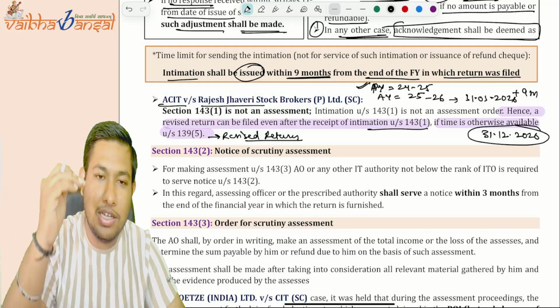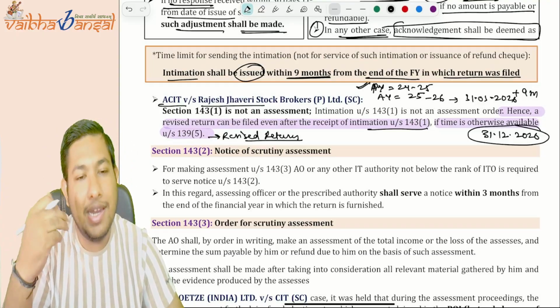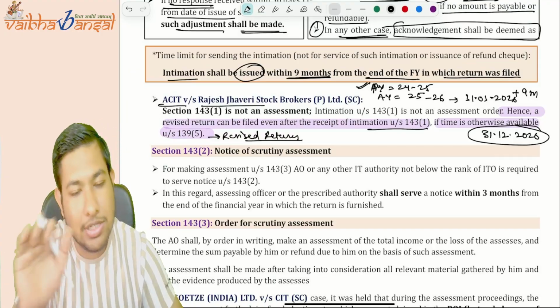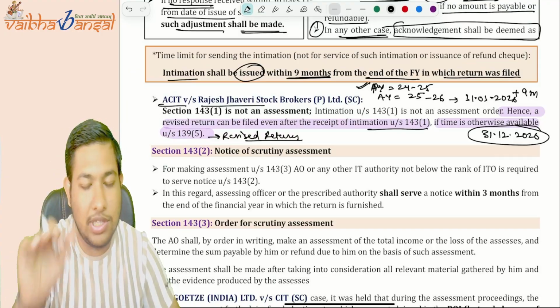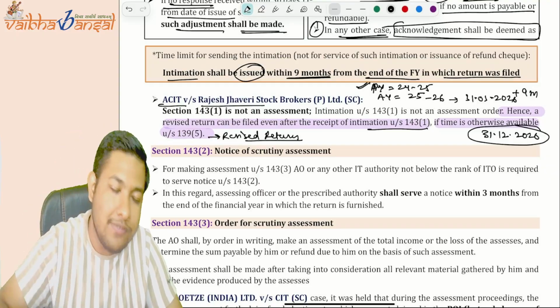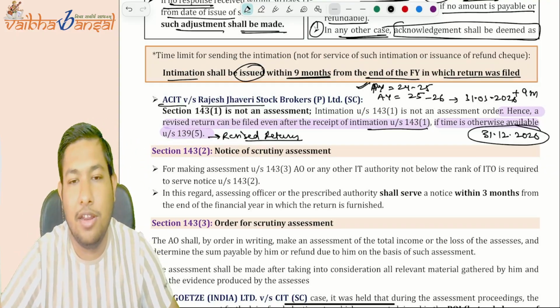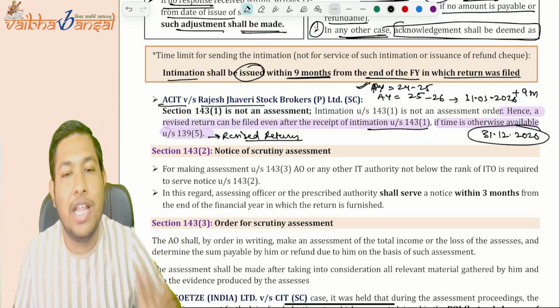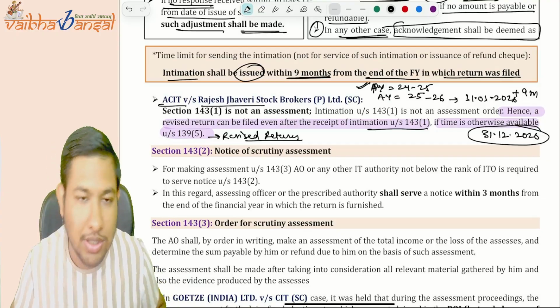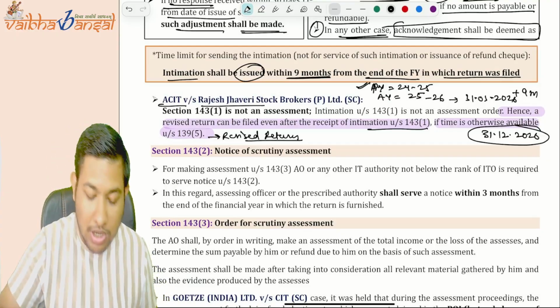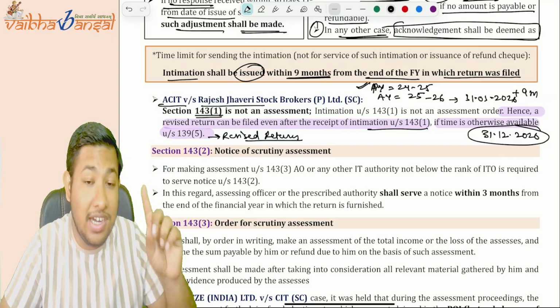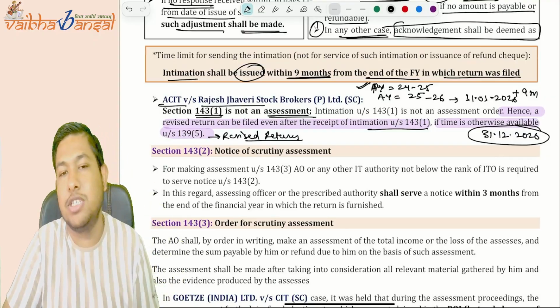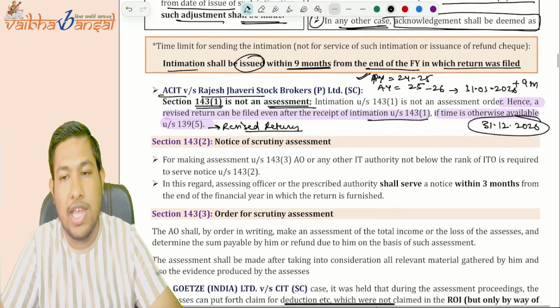It is valid, there is no problem. Understood or not? So section 143(1), that is the intimation, is not an assessment. This is what they have said.